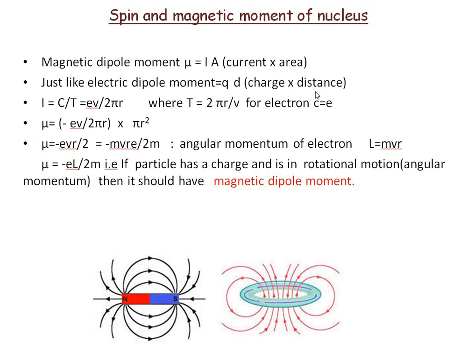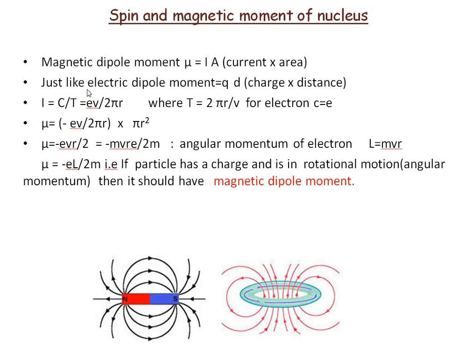In the case of an electron, the charge is e. When we substitute T and charge in this equation, we get I equal to e, instead of charge, and T is 2 pi r divided by v. So e v divided by 2 pi r is the current I.